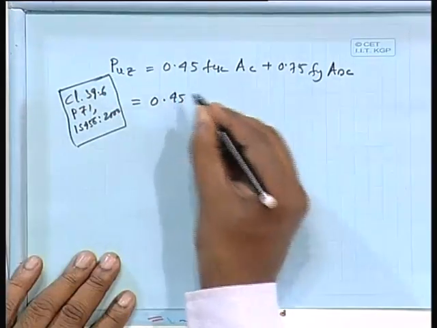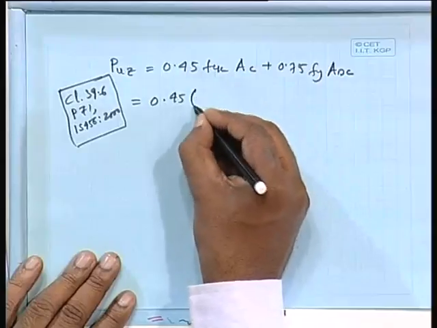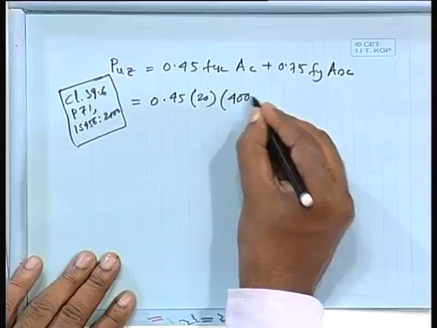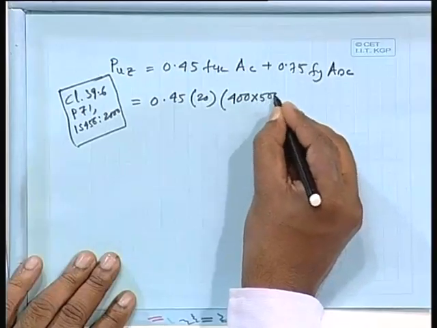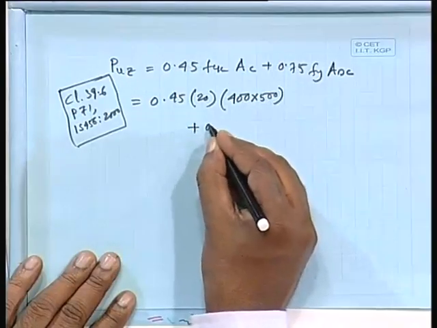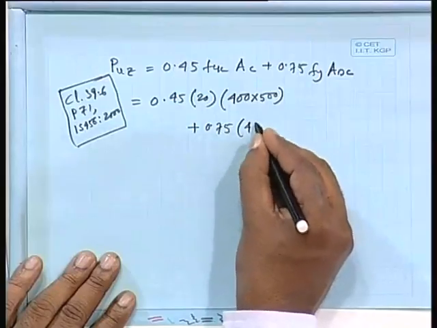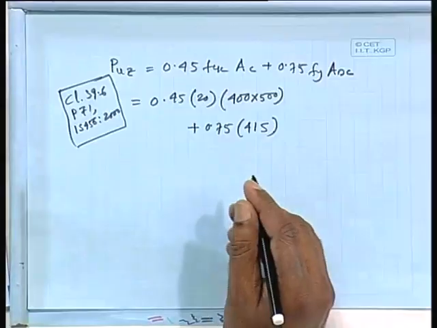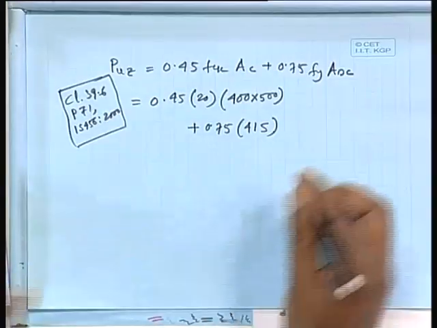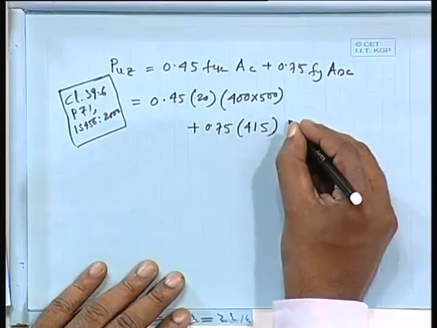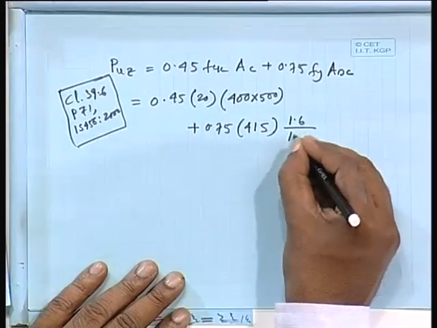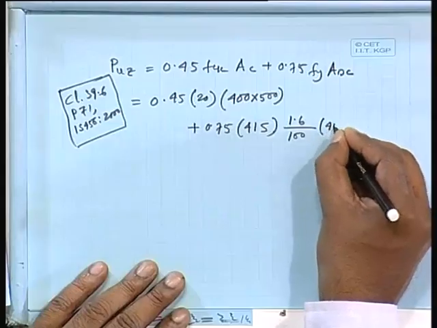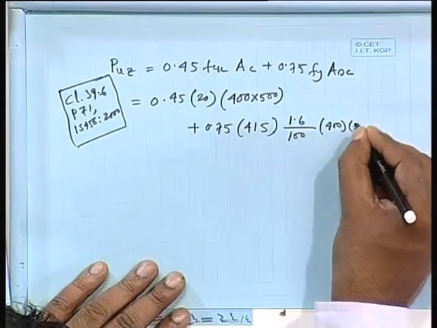So, 0.45 times 20 times 400 times 500 plus 0.75 times 415 times P, how much we have chosen P? P equal to 1.6. So, 1.6 by 100 times 400 times 500.